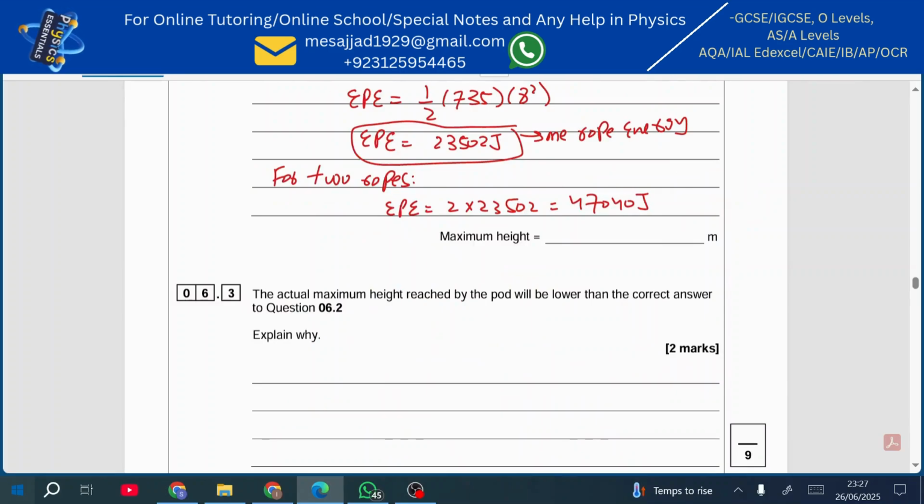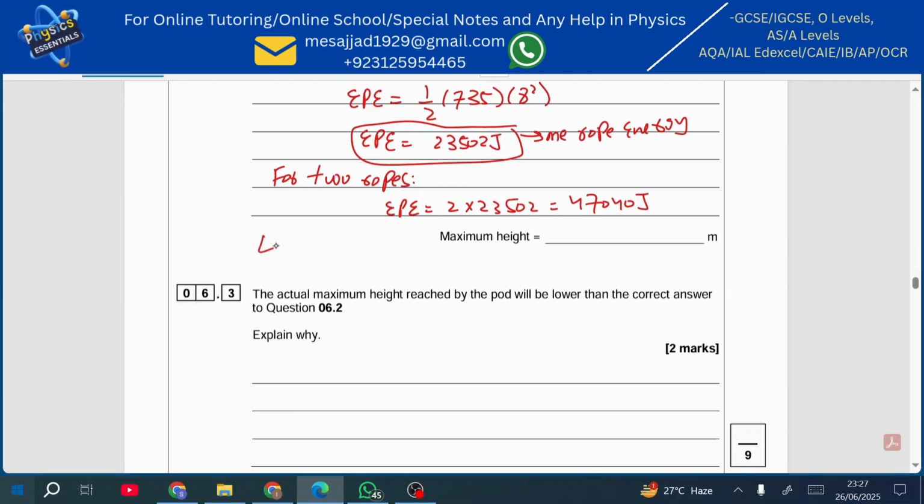Now we know that the change in elastic potential energy is equal to the change in kinetic energy or change in gravitational potential energy. Okay, because the body is moving up, its gravitational potential energy will be increasing, and the elastic potential energy will be decreasing because the extension is being reduced, right?